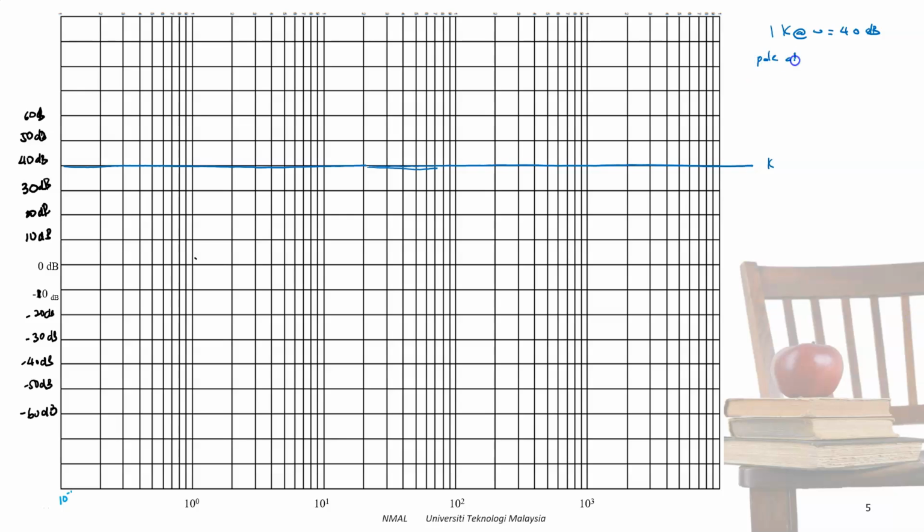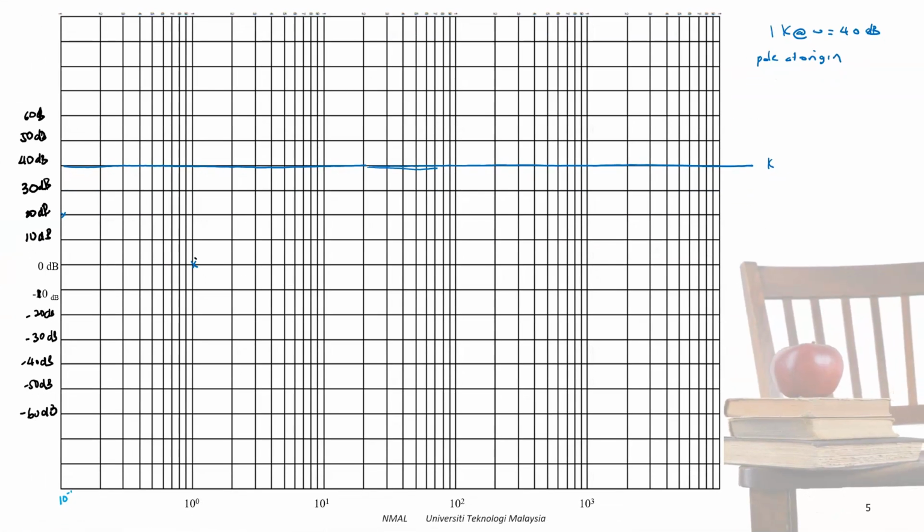So omega equal to 1 is here, and it should intercept omega equal to 1 at 0 dB. One decade before that, it should be at 20 dB, and one decade after that, it should be at negative 20 dB. So the line should be like this.